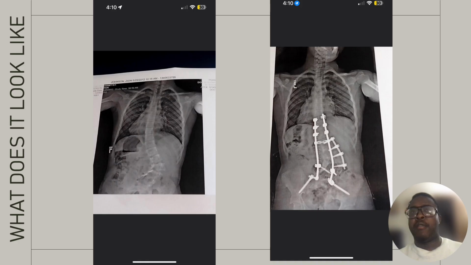Again, it all depends on how severe your scoliosis is. In my case, I had four spinal fusions, where I had rod inserts not only down the spine, but also on the side of my body, which also help with the curvature.